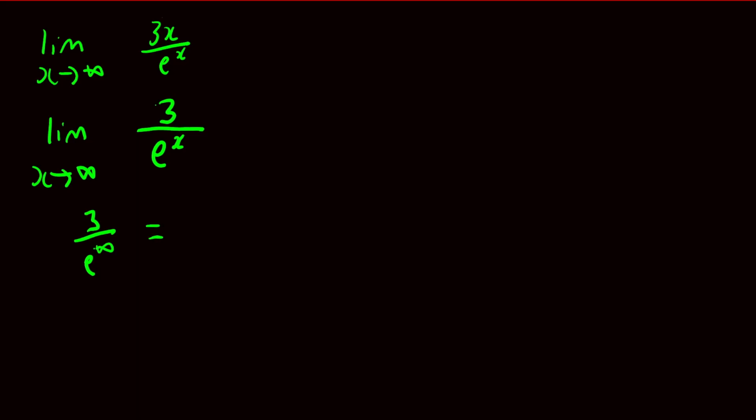Well, e to the infinity, that grows to infinity, right? So imagine, as I divide 3 by bigger and bigger numbers, isn't it going to start going closer and closer and closer to 0, right? So if I divide 3 by 100 million, that's going to be a super, super small number.